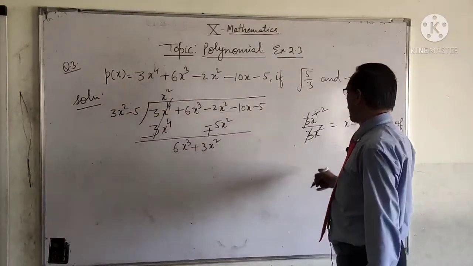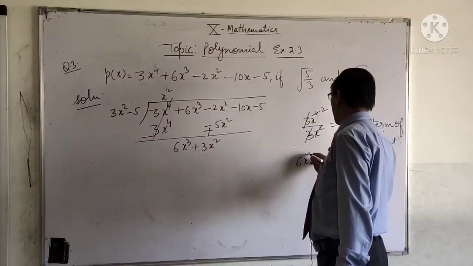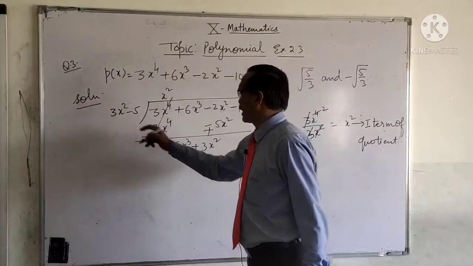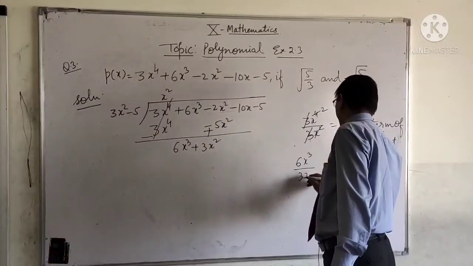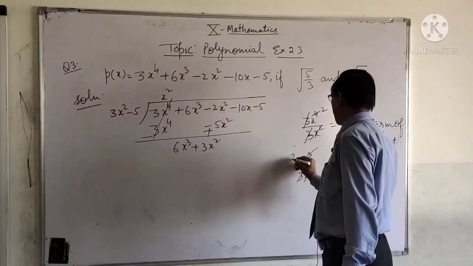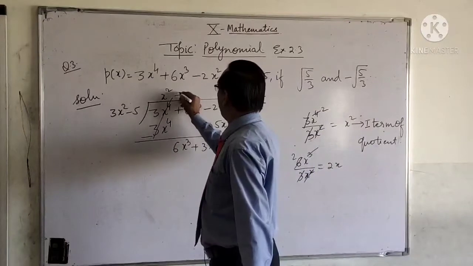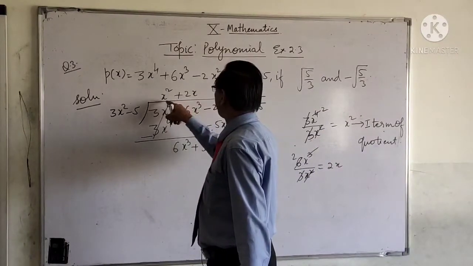Now the second term of the quotient: 6x cube divided by 3x square, x square cancels, 3 twos are 6, so it is plus 2x.